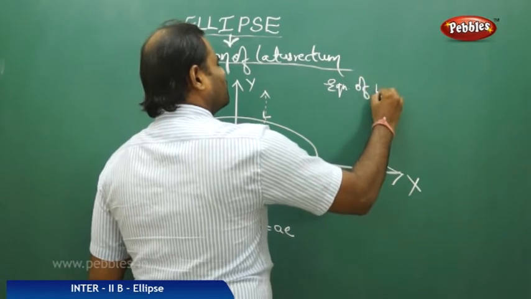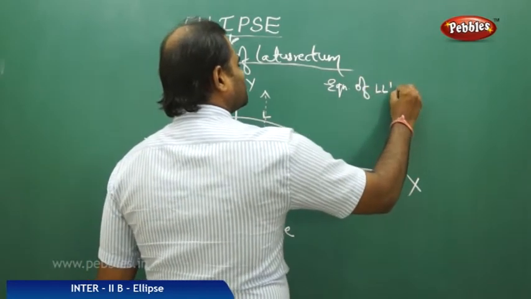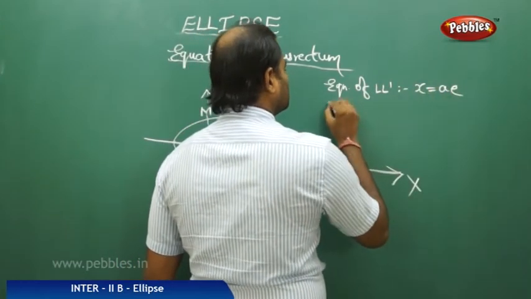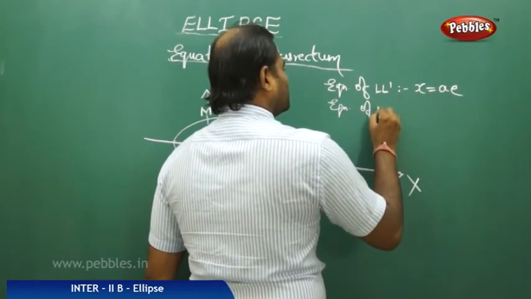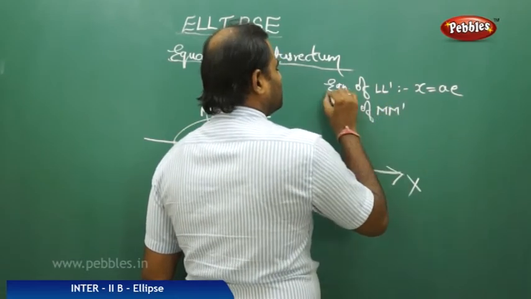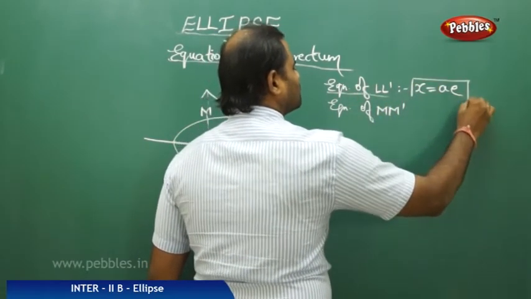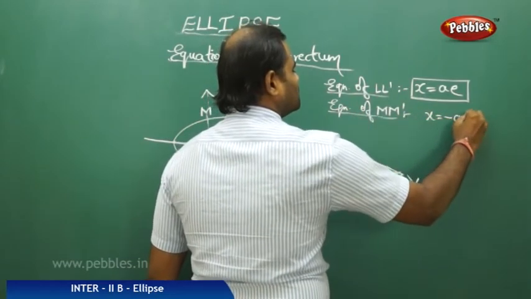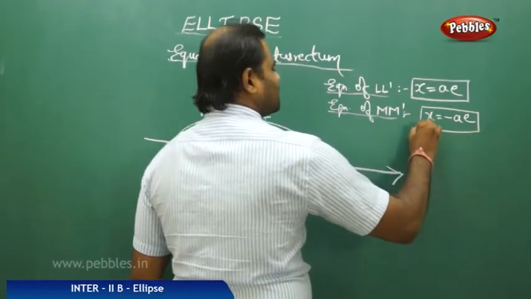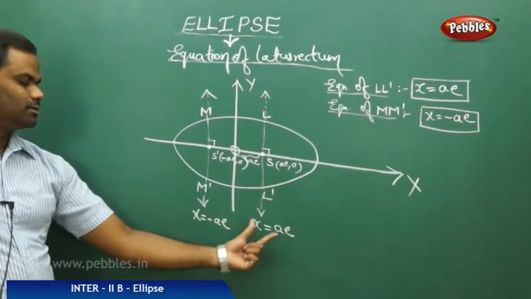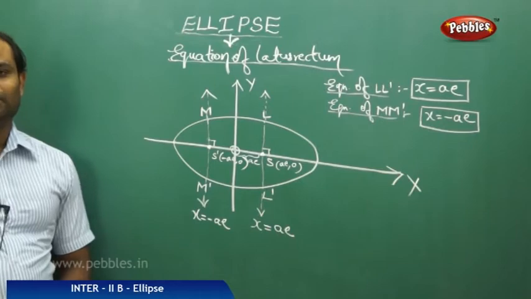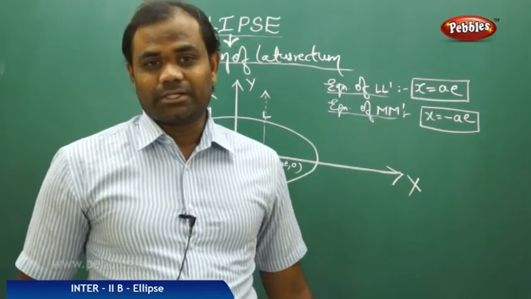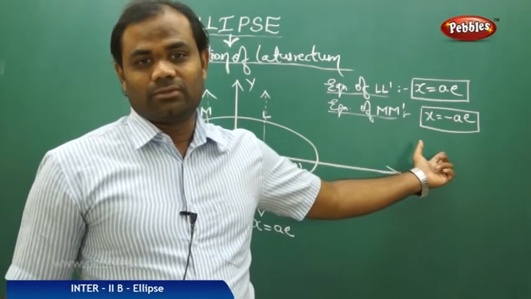The equation of LL dash is x equal to ae, and the equation of MM dash is x equals minus ae, as we can see here. The equations of the two latera recta LL dash and MM dash are x equal to ae and x equal to minus ae.